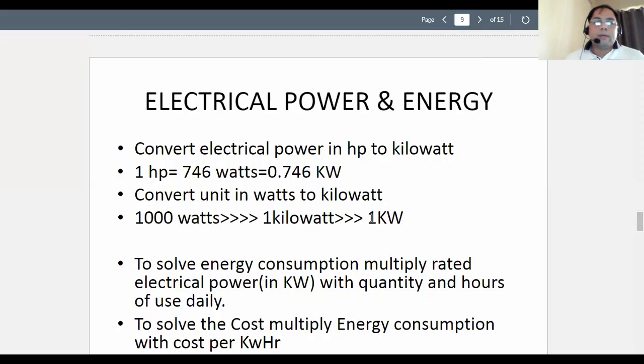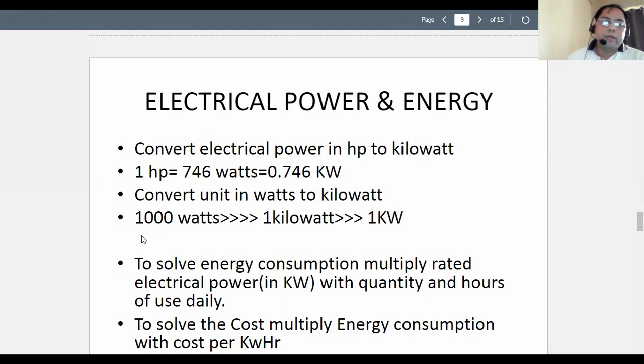Okay, here are some reminders on how to convert. All our units of power will be changed into kilowatt. So 1 horsepower is equivalent to 0.746 kilowatt if you divide 746 by 1,000. So that's how we change.